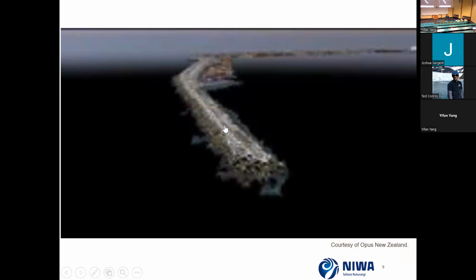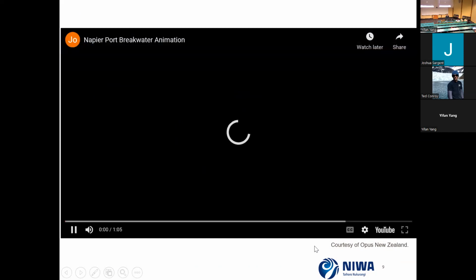So here's a survey of the structure of the Napier Port breakwater.